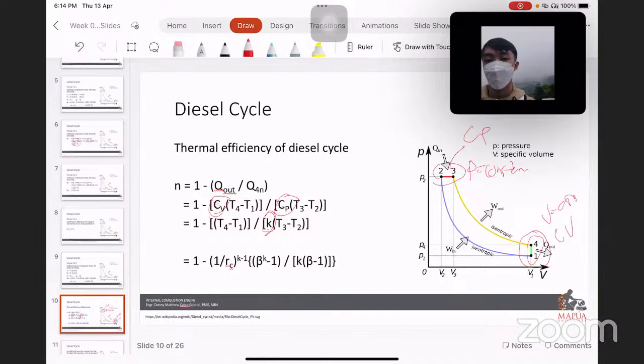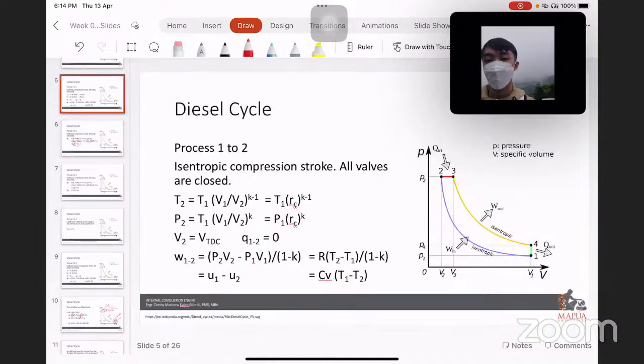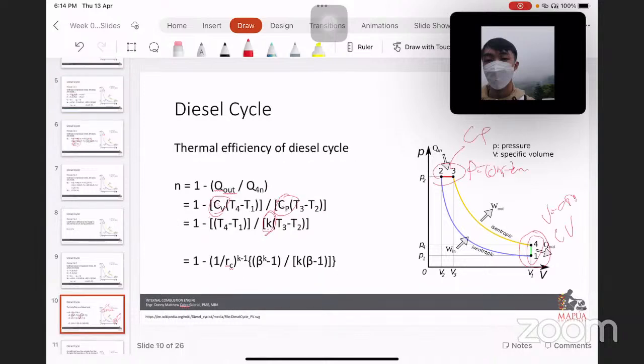Now, doon sa isentropic process natin, itong T1, saka T2, T3, saka T4, kung papansin nyo, meron tayong relationship in terms of volume. Okay? If you substitute those relationship dito, makakakuha ka ngayon ng ito at saka ito.